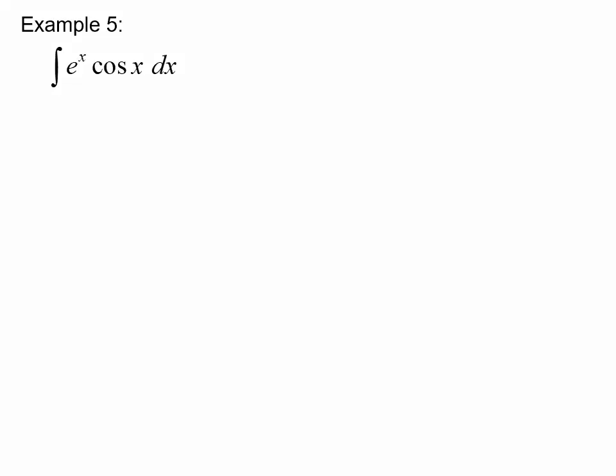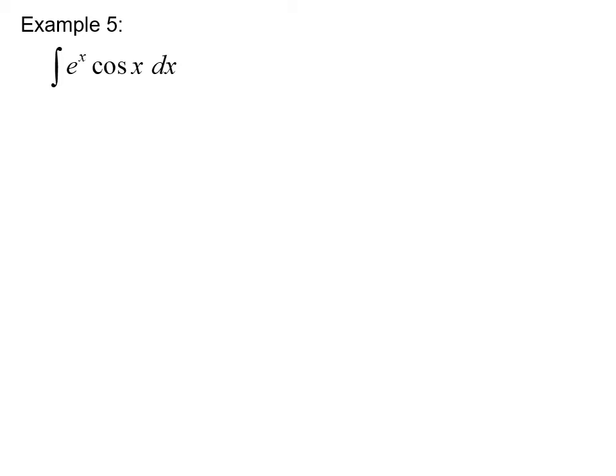We complete our examples. As you see, it is e^x cosine x. I would like you to get this integration and give me the answer. I'll give you a while to try this question. Okay, I hear something.